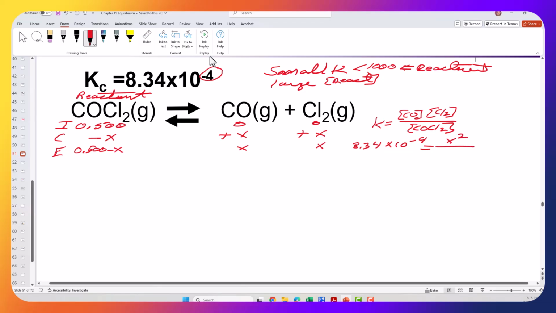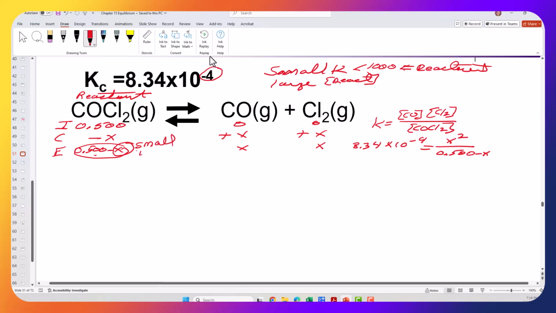Now, if I were to divide by 0.500 minus x, that is going to give me a quadratic equation, and I would have to solve it with the quadratic formula. In order to avoid that, in this very special circumstance, I'm going to make an assumption that the x with respect to this starting concentration is small.